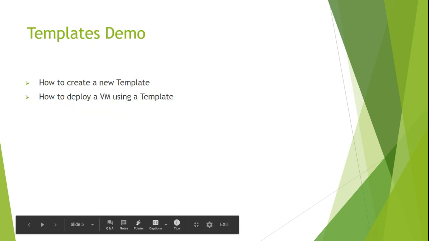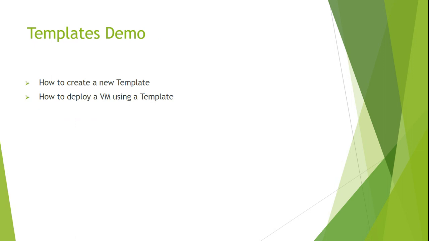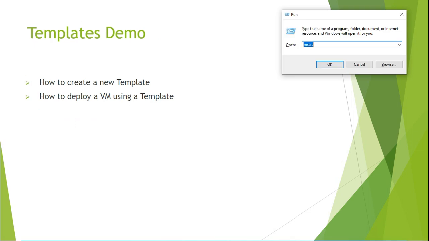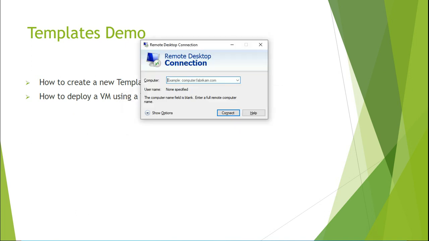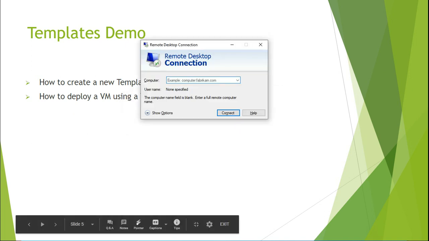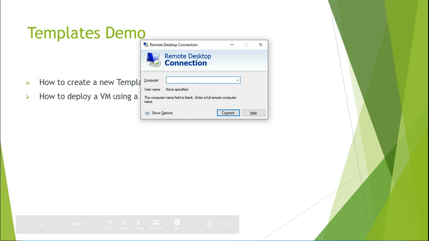Okay, so let's get started. Now, as some of you might know, I have an online lab which I'm offering for people who are struggling with their own labs. I know quite a few people reach out to me for issues they are having, and 90% of the time it's basically down to CPU and memory. So this is why I created this online lab.